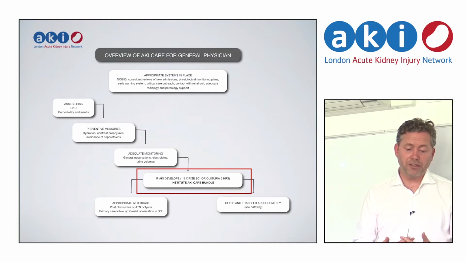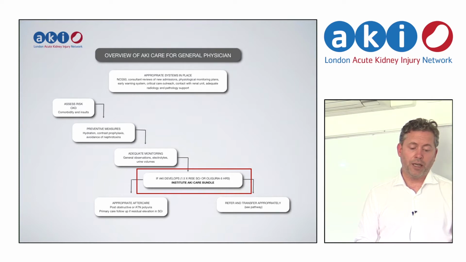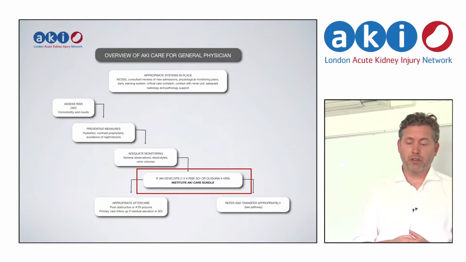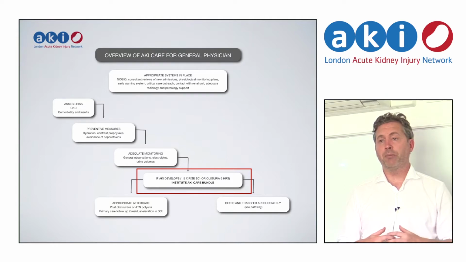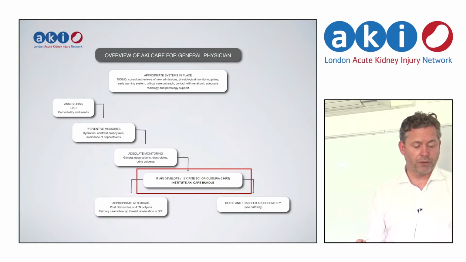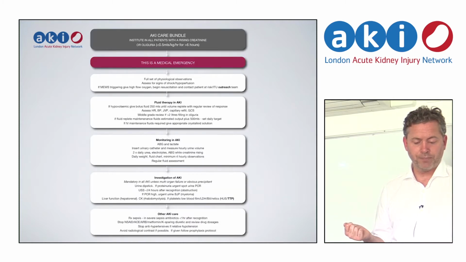If this is successful and the patient starts to recover, we need appropriate aftercare. We need to establish whether their serum creatinine has returned to baseline values. If not, this requires ongoing follow-up. If they don't respond to therapy, then clearly some escalation from the general ward area will be required. So they may require transfer either to the specialist renal unit or the critical care unit.